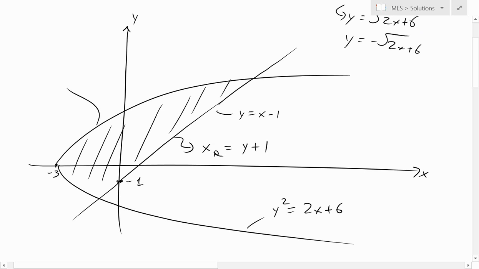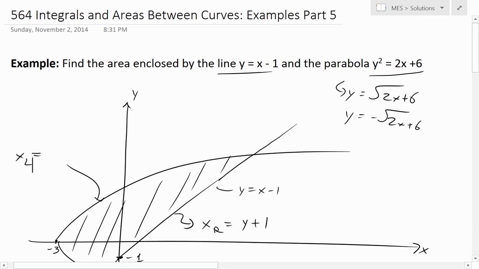We just solve the line for x. And this one right here I'll call x_L, or left. I'm just going to solve for x in terms of y. So this is y squared, I'm going to move this 6 over and then divide by 2, so x_L equals y squared over 2 minus 3.